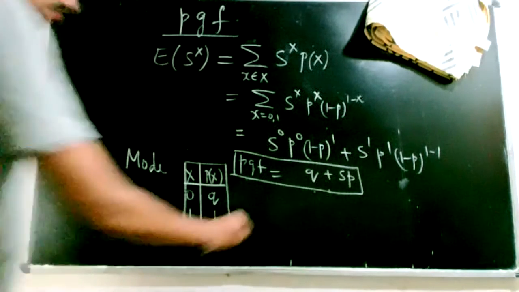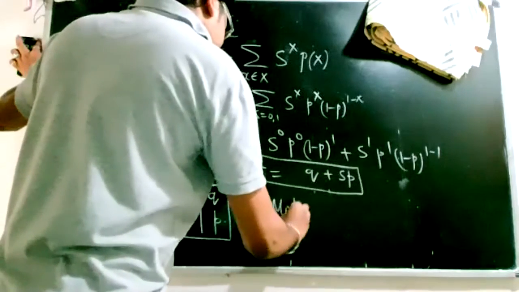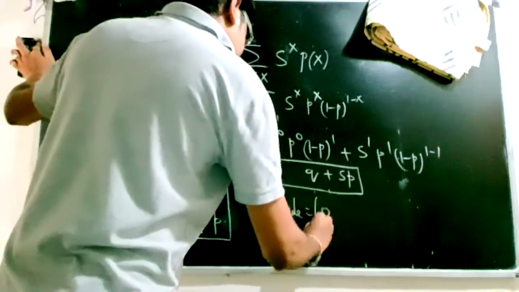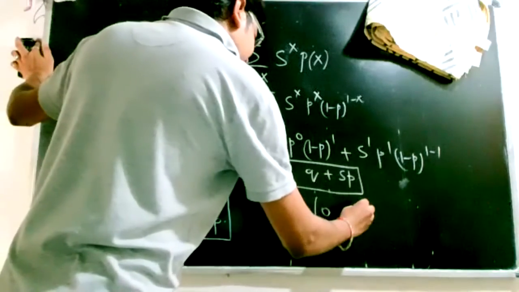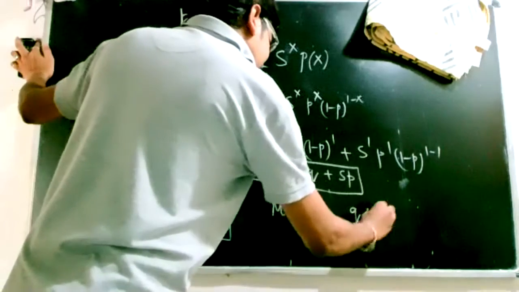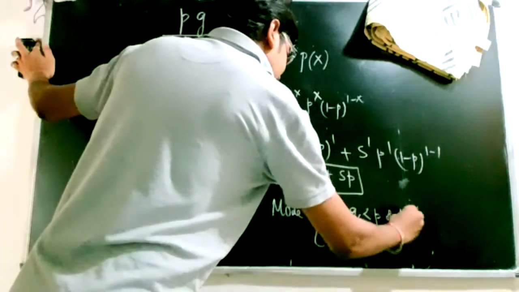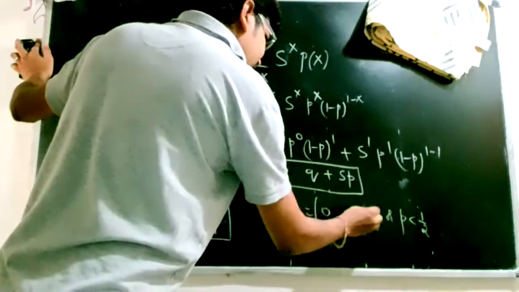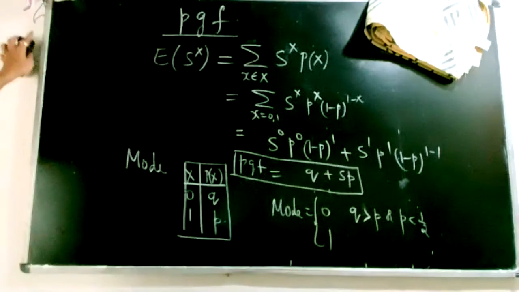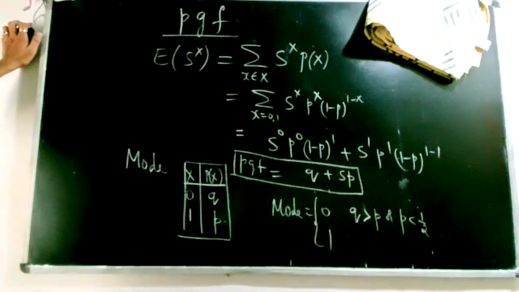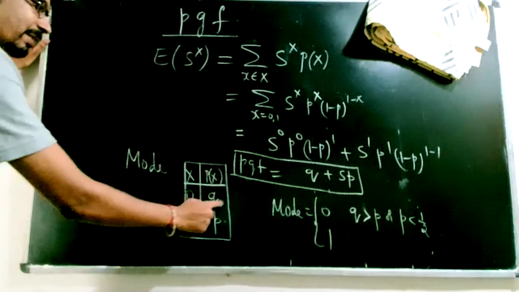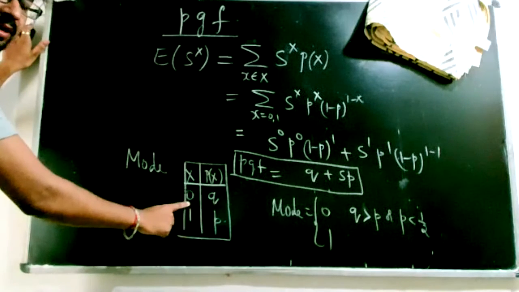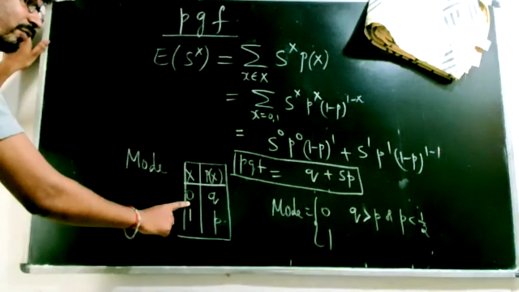So we say mode equals 0 if q is the greater value compared to p, because when q is greater than p, this will be the maximum probability, therefore 0 becomes the value of mode.